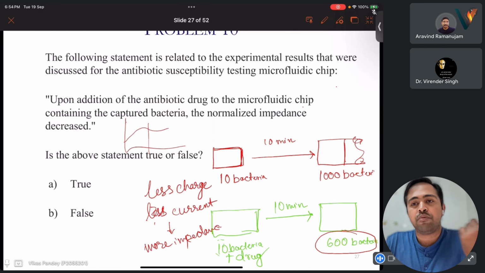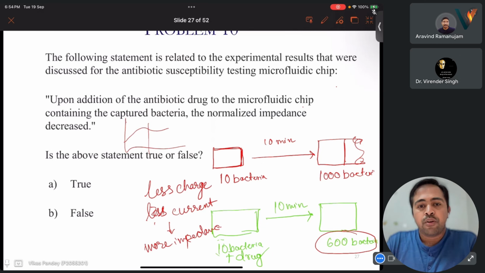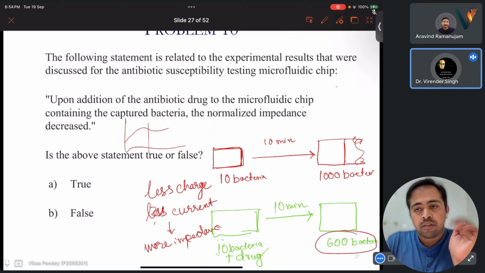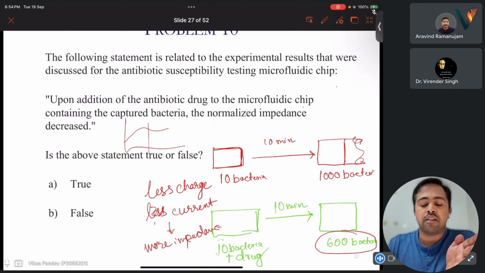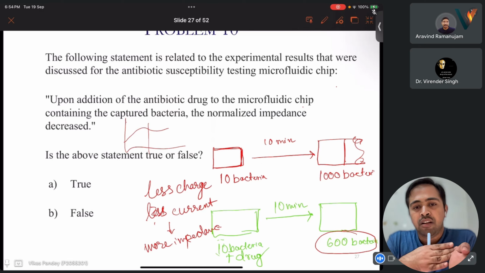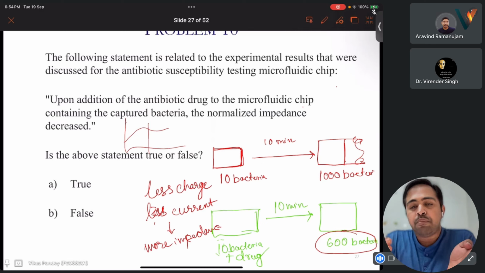So let's compare at one frequency only. At that frequency, the normalized impedance will increase, because we have less current flow now.